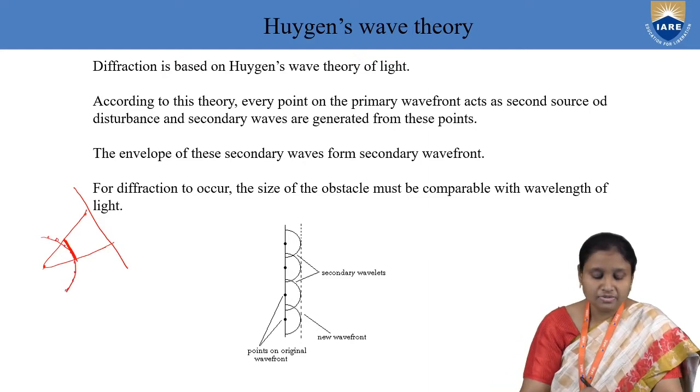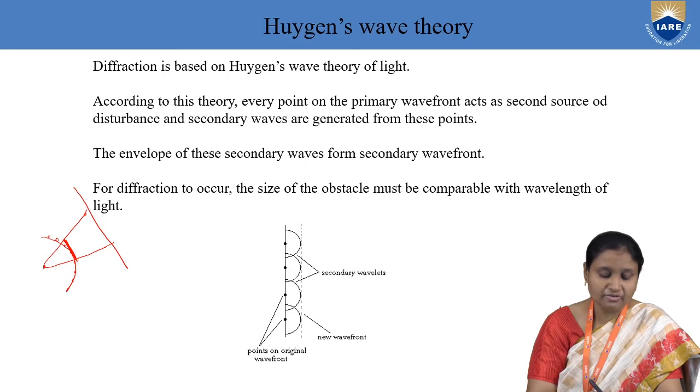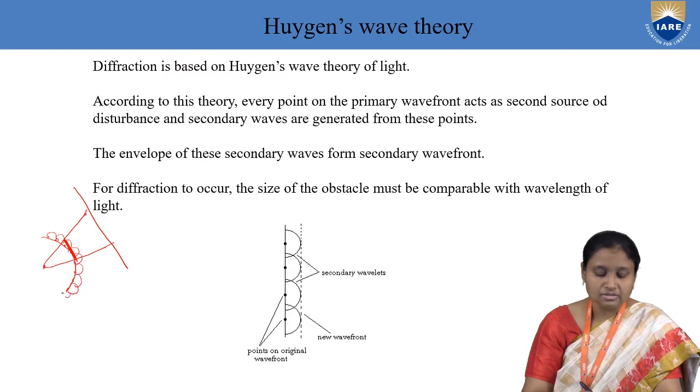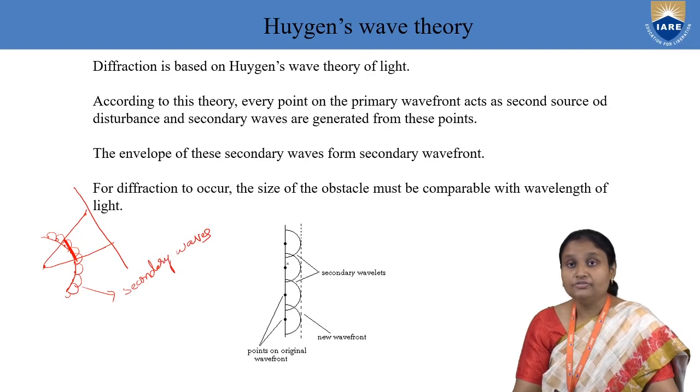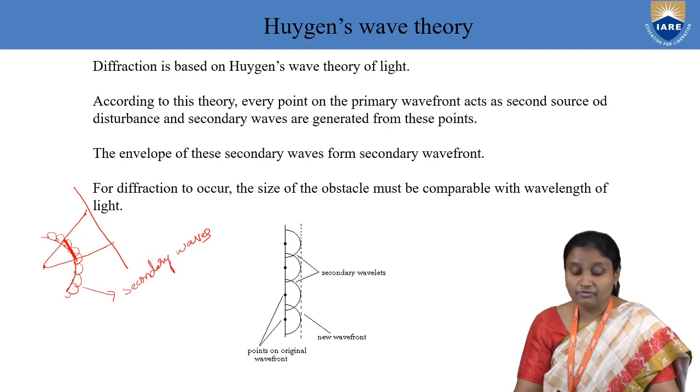From this primary wavefront, you will have secondary waves coming out of this obstacle. These are called secondary waves. If you see this figure carefully, this is my primary wavefront. These are the different points on the primary wavefront, and each point acts as a second source of disturbance.